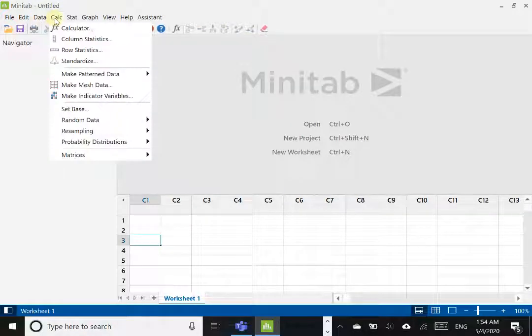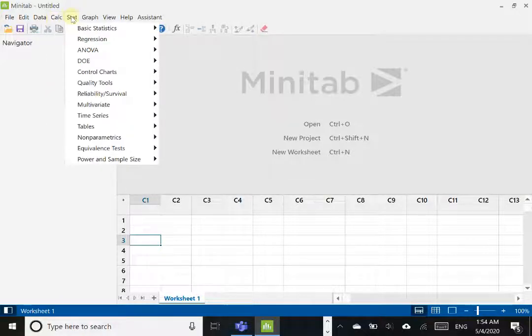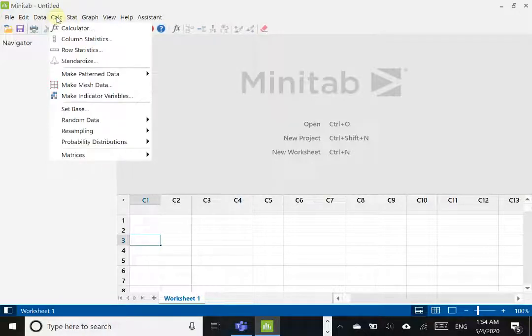Now, by the way, folks, don't worry. We're not going to look at all the functionalities of Minitab. That could take a few months just to go over Minitab commands in detail. So we just want to do what's tailored to the course. This is Calc, as in calculator.